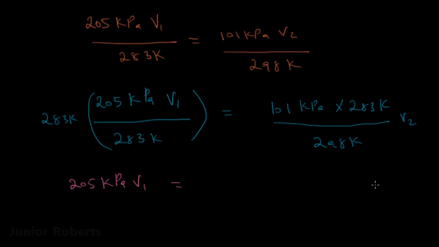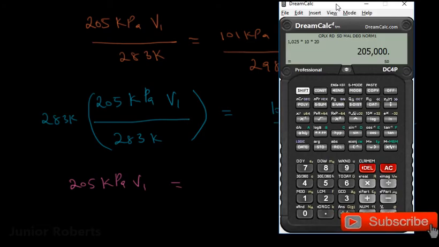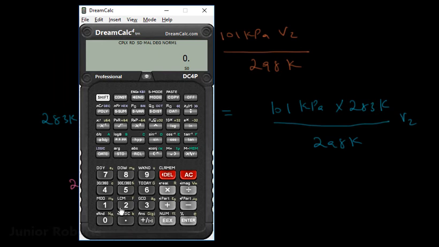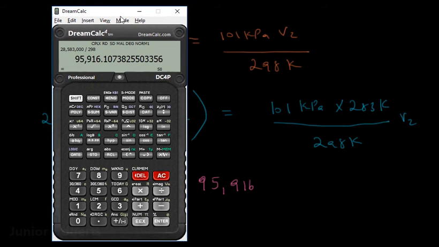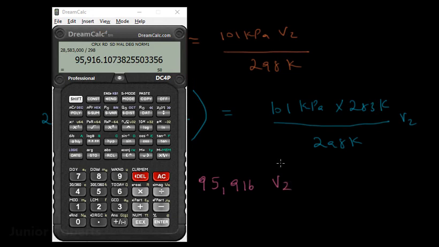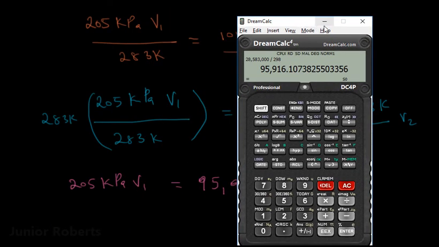So what I'll have now is 101 kilopascals, multiplied by 283 Kelvin, divided by 298 Kelvin, and that gives us an answer of 95,916, and again we will have V2. Right, so we're starting to simplify the equation.